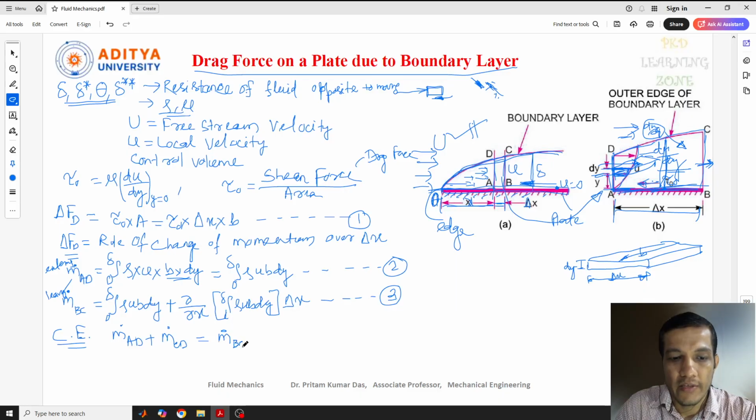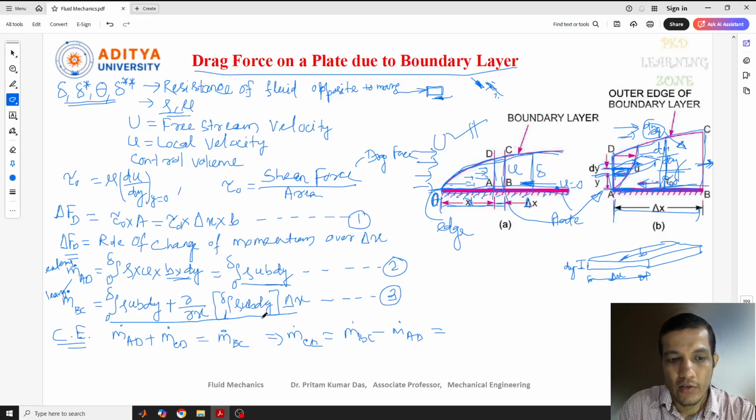As per this principle, the mass rate of flow entering through CD is nothing but the mass flow rate leaving BC minus the mass rate of flow entered through AD. Now if I write these two equations, see this equation minus this one.